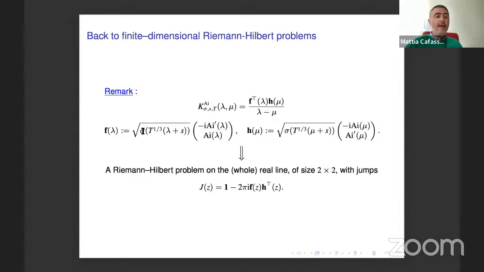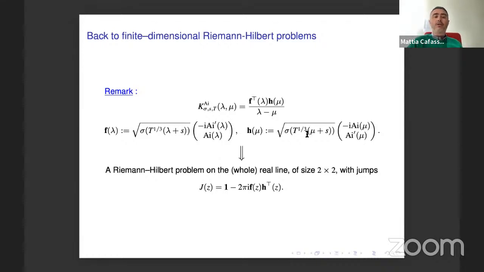Okay, if you didn't have the sigma here, this would be exactly the classical approach to the Airy kernel. But here we have this deformation by sigma, which doesn't hurt so much. You will see that you get something which is very similar to the classical theorem.